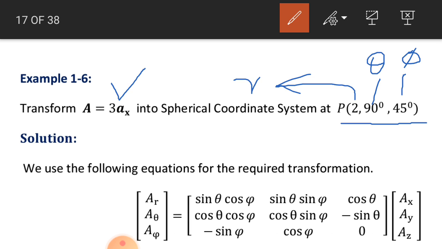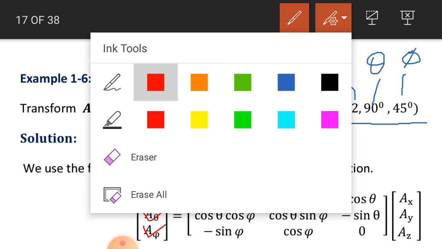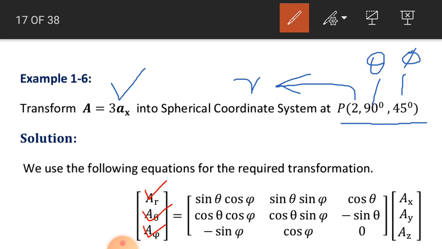Well, if we want to transform this vector from the rectangular coordinate system into the spherical coordinate system, we will have to calculate AR, A theta and A phi. And we calculate AR, A theta, A phi with the help of these matrices. So in the first row, we have sin theta cos phi, sin theta sin phi, cos theta.